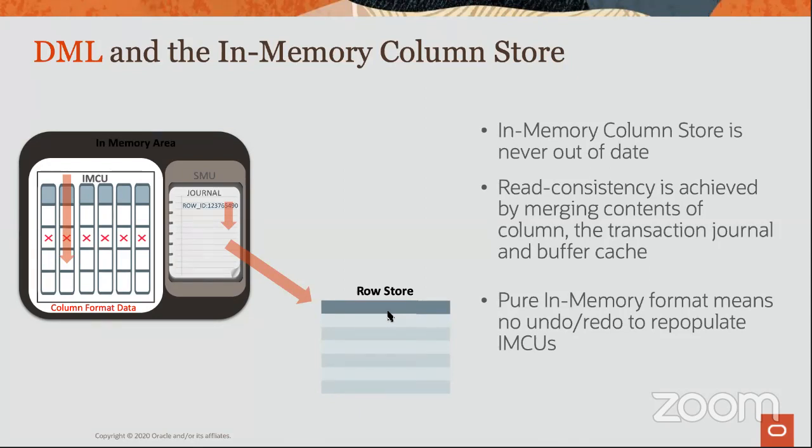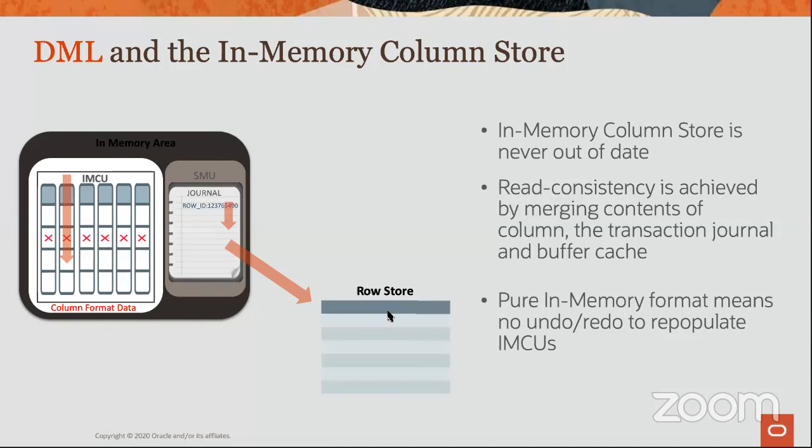So we read the IMCU, pick up the changes in the metadata, and get any changed column values from the row store. Typically those will be in the buffer cache because they'll be fairly new changes, and I'll tell you why in a second.